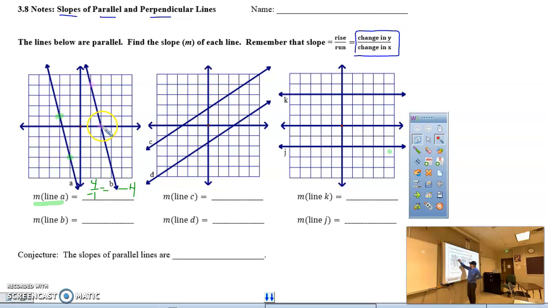I go up 1, 2, 3, 4, and then left 1, so I get the same exact slope, which again simplifies to negative 4. Now I want you to pause and do the same thing for lines C and D.